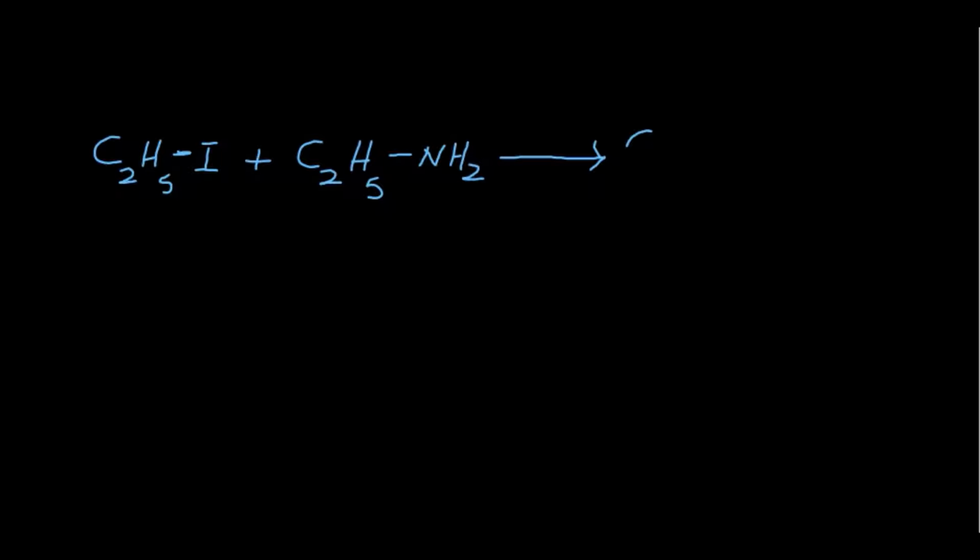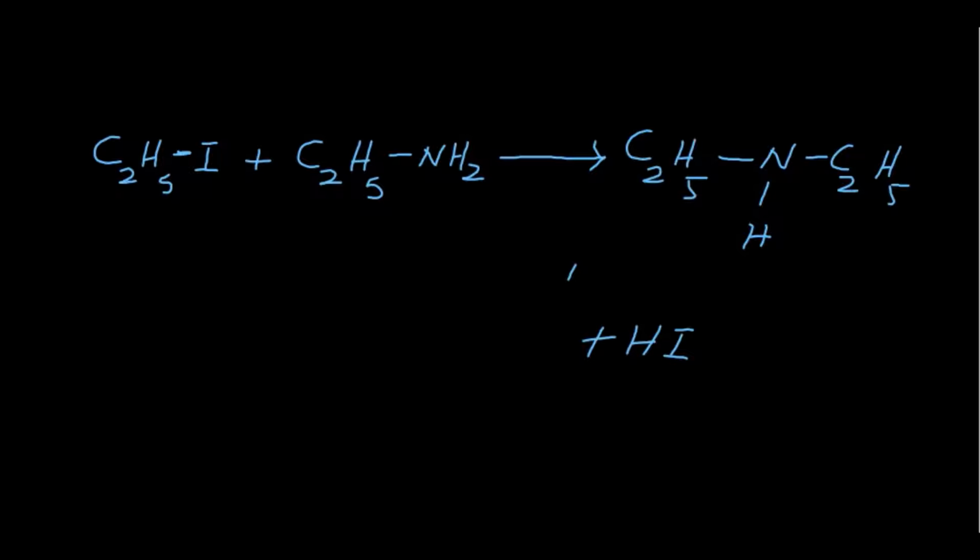One more hydrogen of the amine gets replaced with one more ethyl group. So after the reaction we get C2H5NHC2H5, plus hydrogen iodide.